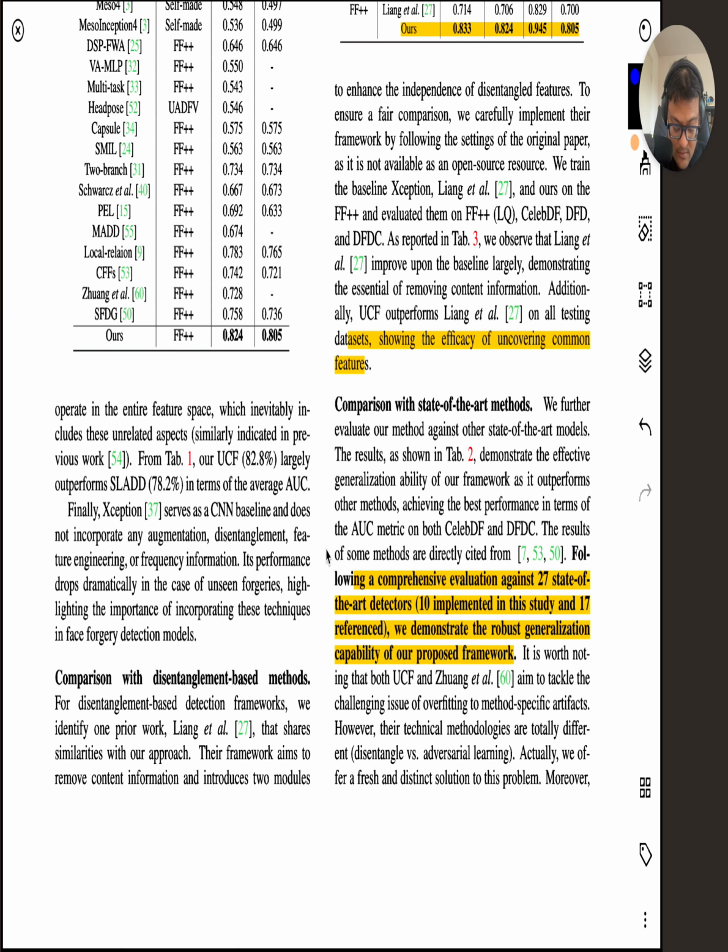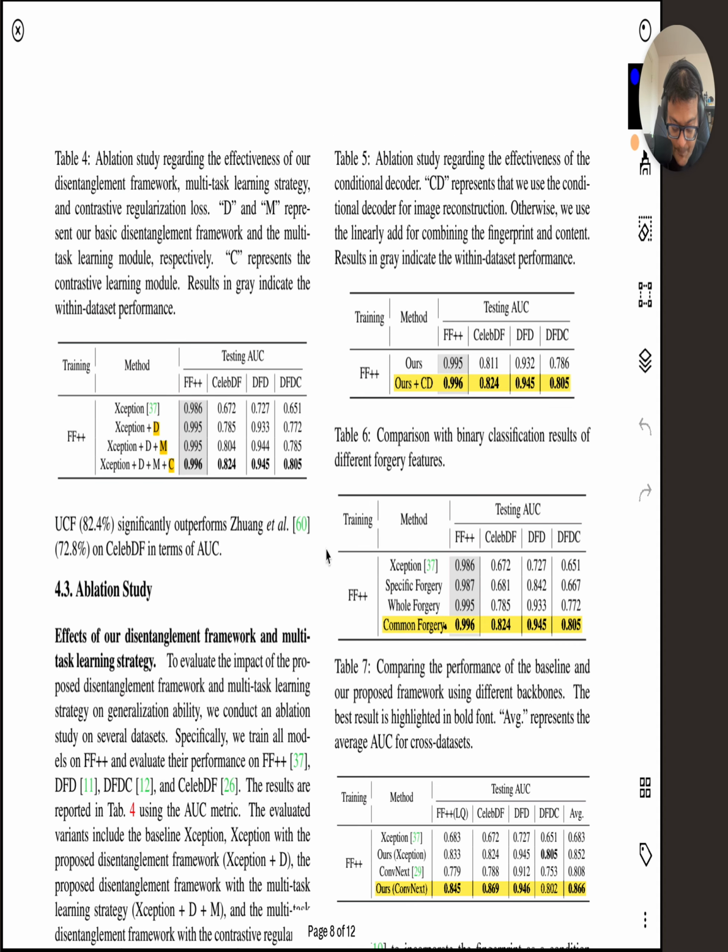Okay, so now let's look further. This all is good, but let's look at their ablations, which are really good. In their ablations, they show that there is a normal Xception architecture, where you have an input image and you just train a classifier on top to call it real or fake.